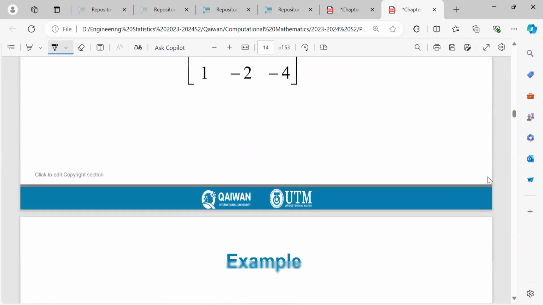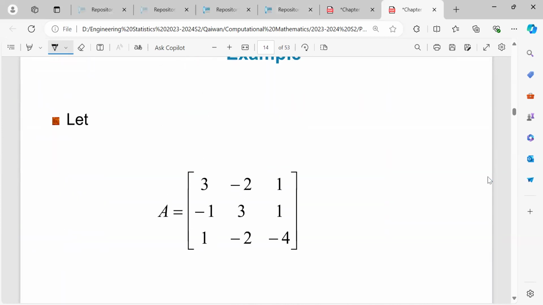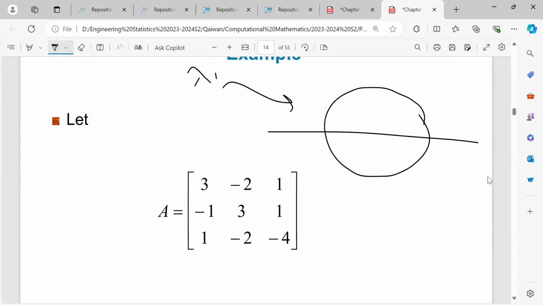Look at this matrix. For lambda 1, we say lambda 1 is in the disk whose center is a_11. This disk is B1.